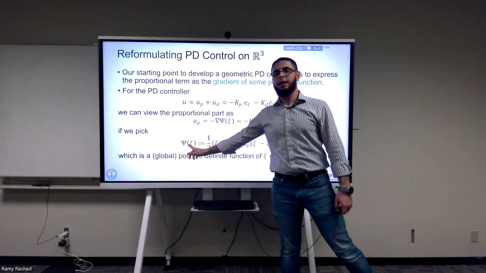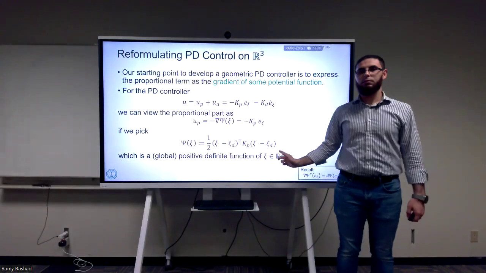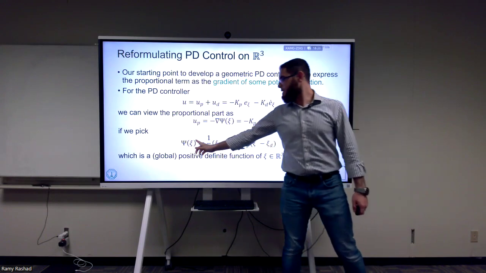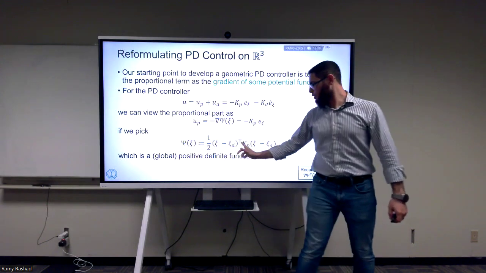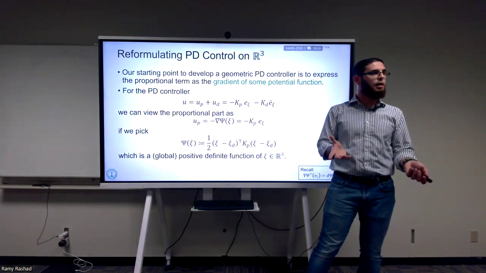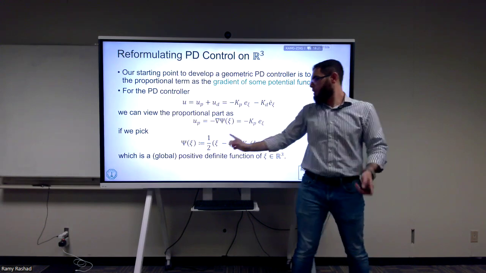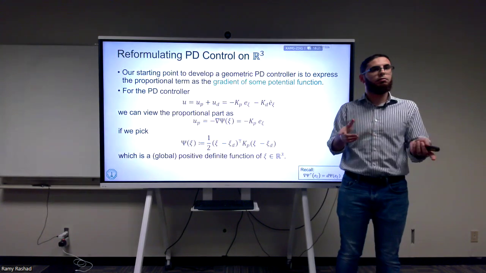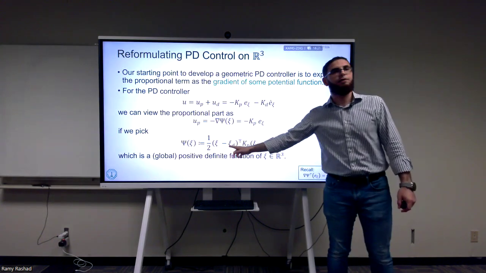When we plug psi equal to psi d, what do we get? We get 0, right? So at psi equal to psi d, you get here 0 transpose kp 0, which is 0. And if you go a little bit away from psi equal to psi d in any direction, you're always going to get a positive value.